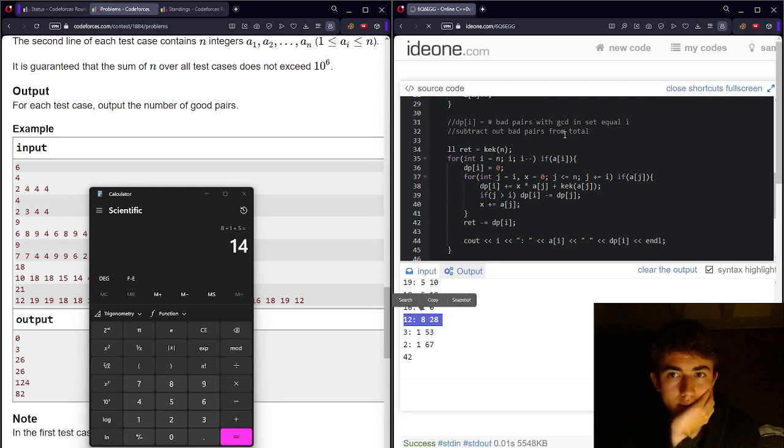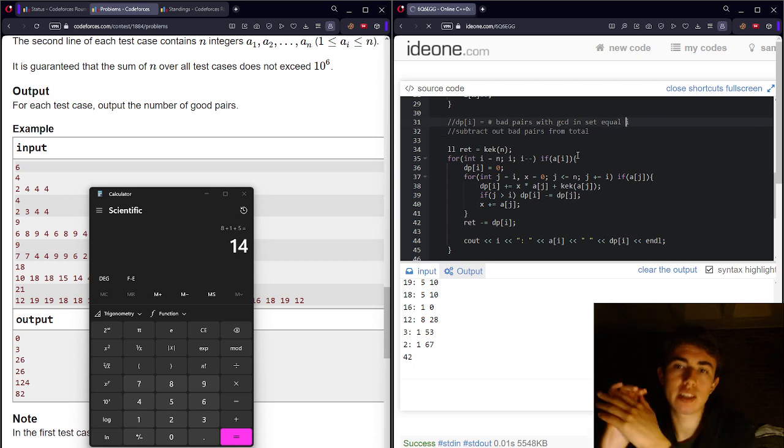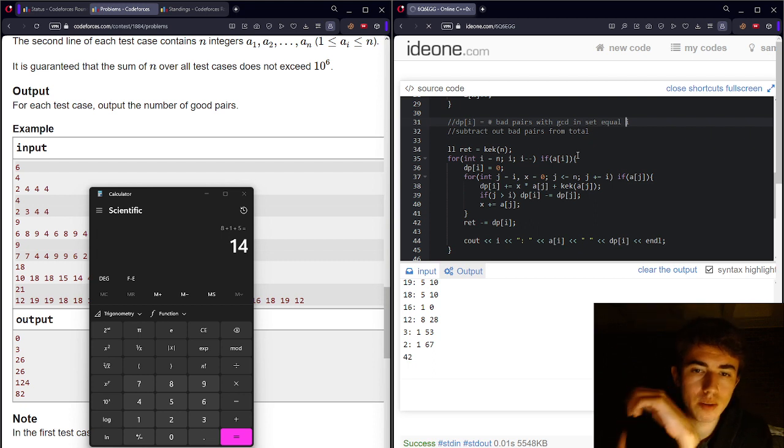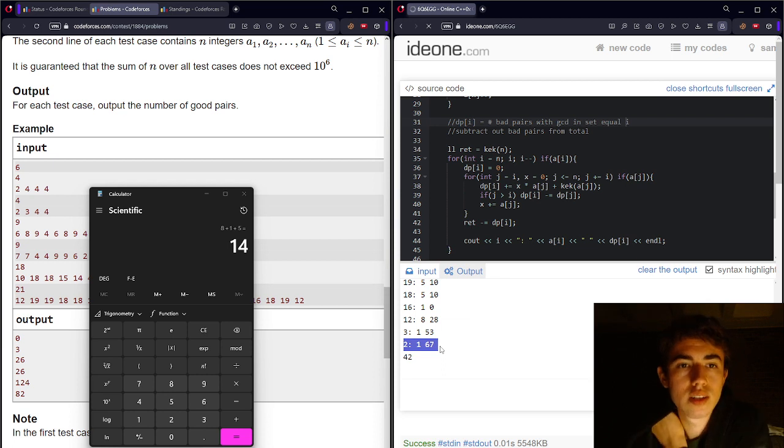Alright. Instead of GCD and set equal, I guess we just make their GCD equal i. So how would that work? Alright, how many pairs are there divisible by 3, indivisible by 2?